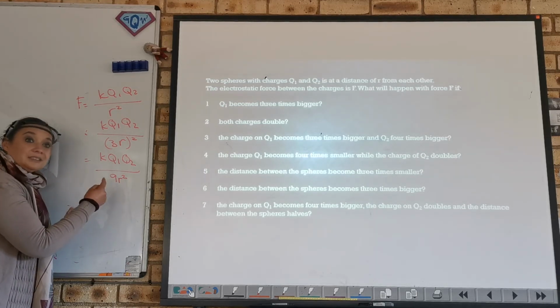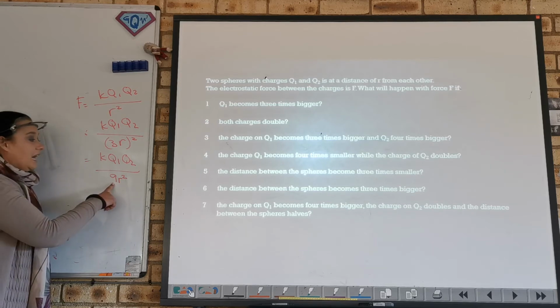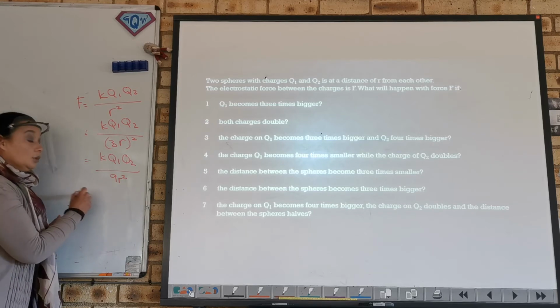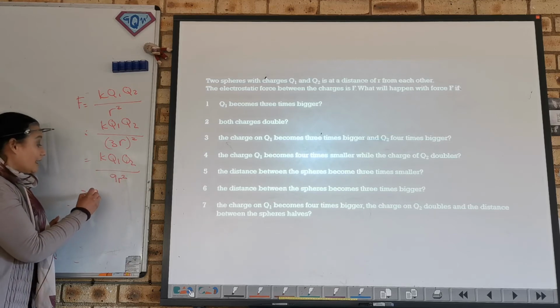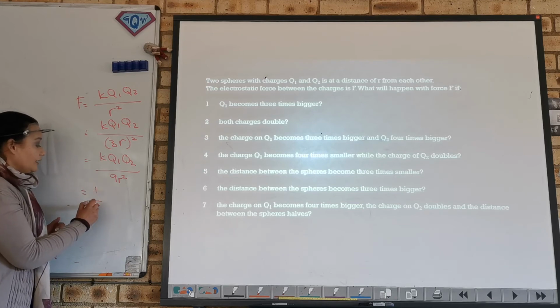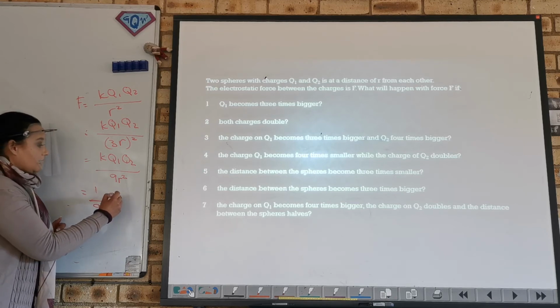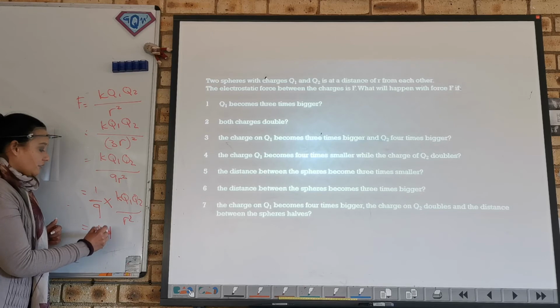To move it upwards, again I'm going to tip and times. Agreed? This 9 is a whole number, it's not a fraction, which means when I bring it to the front, tip and times it, I'm going to end up with 1 over 9 times k q1 q2 over r squared, which means that I have 1/9 of the force.